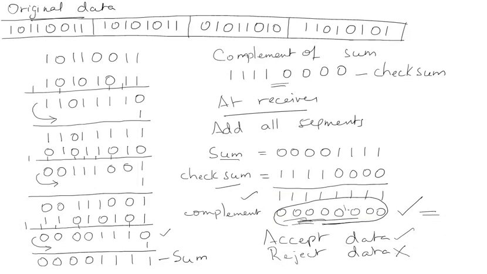If all zeros are there, the receiver will understand that there is no error in the data. If there is any one other than zeros, the receiver will simply reject the data. If all zeros are there, the data is accepted by the receiver, else it is rejected.